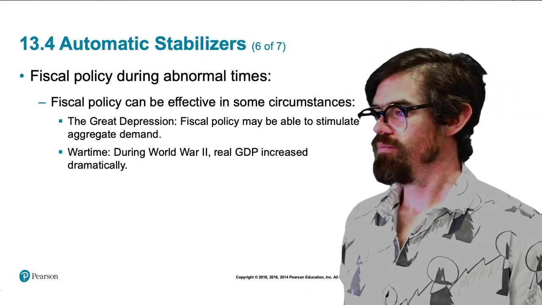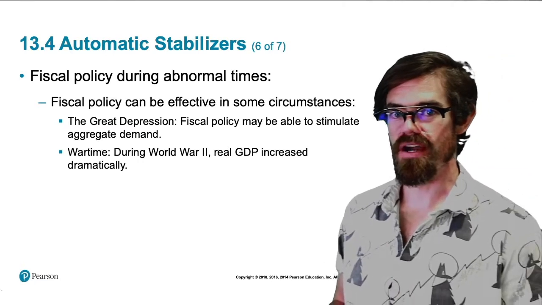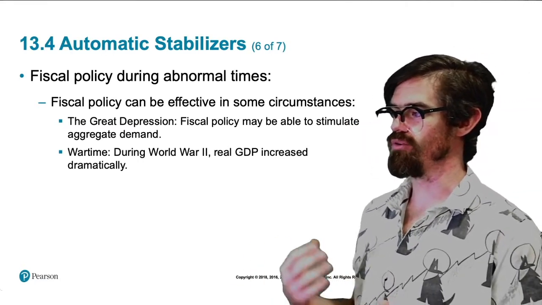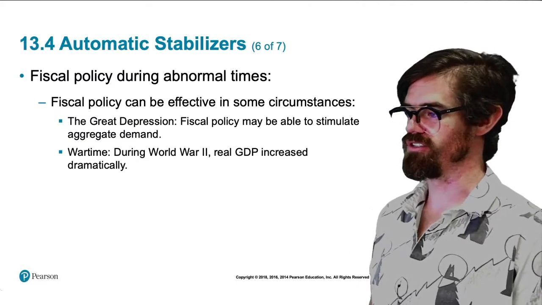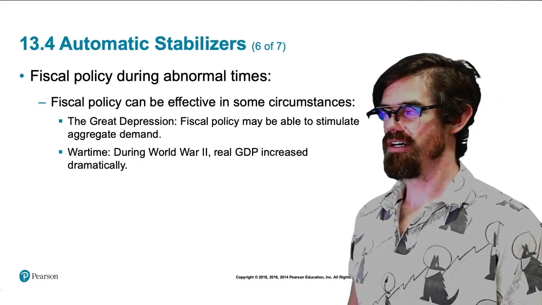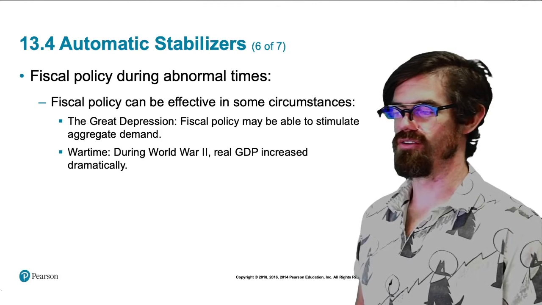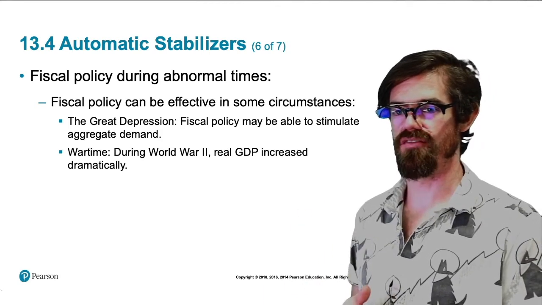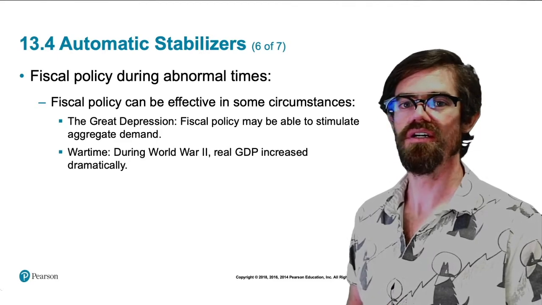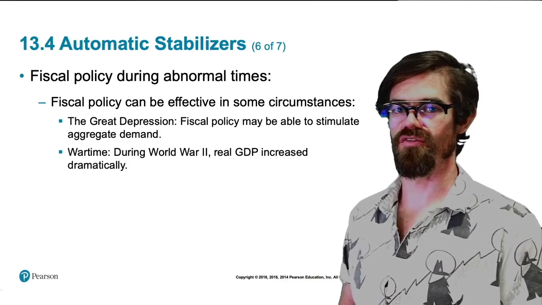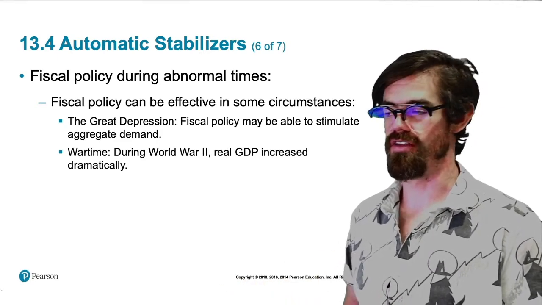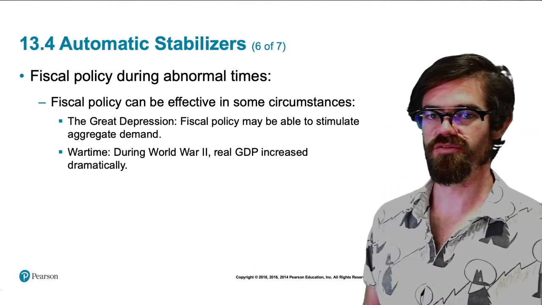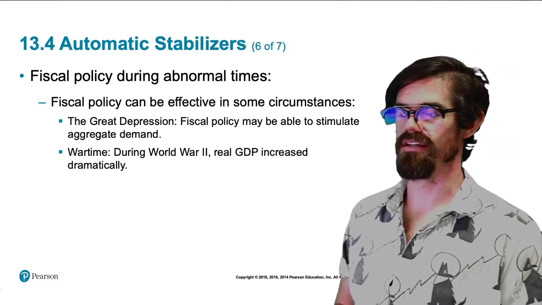But during abnormal times, like we might be experiencing right now, fiscal policy can be quite effective in certain circumstances. So it was quite effective, or it could have been effective in the Great Depression. It turns out that the Great Depression was so bad because the government didn't know what to do because it hadn't experienced anything like that before, and it actually did all the wrong things. But it could have been that fiscal policy could have been used to stimulate aggregate demand.